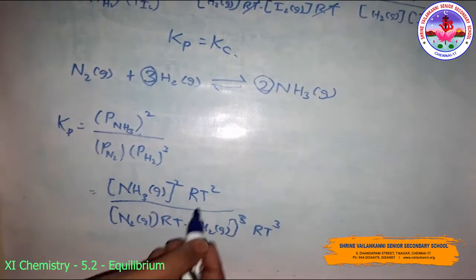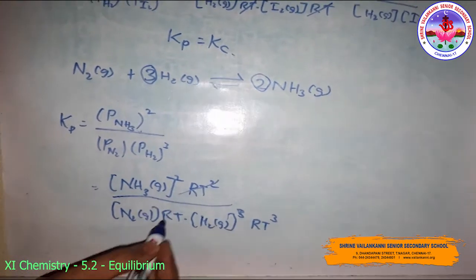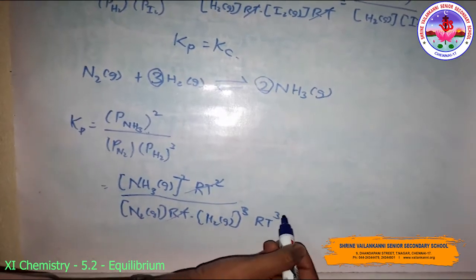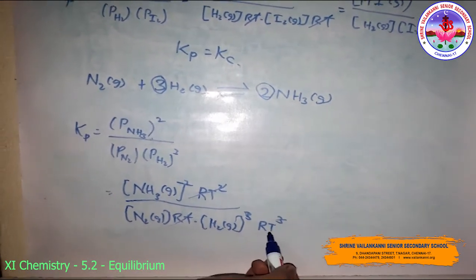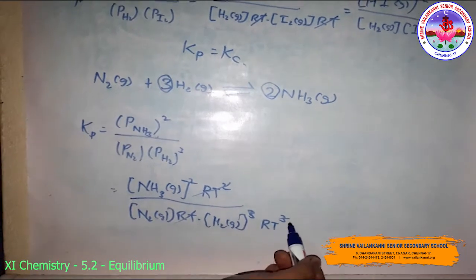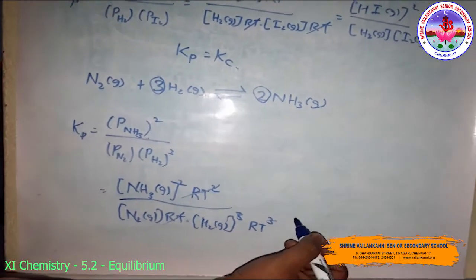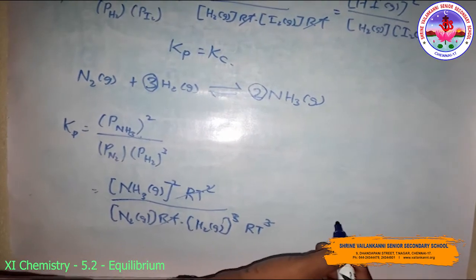So here RT square, one RT is cancelled. Here also one RT is cancelled. The remaining RT square in the denominator, when it comes to the numerator, will become RT power minus 2.